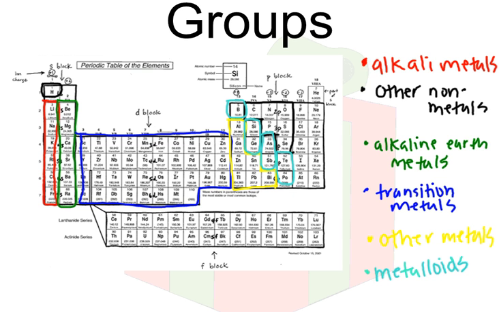Okay, your second to last group over here is known as the halogens. And the very last group, including helium, is known as your noble gases.